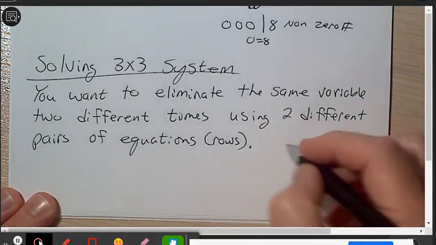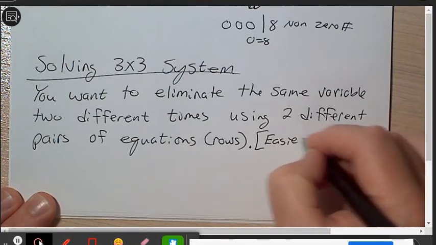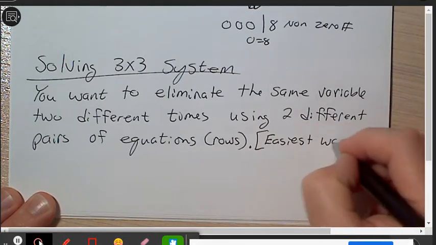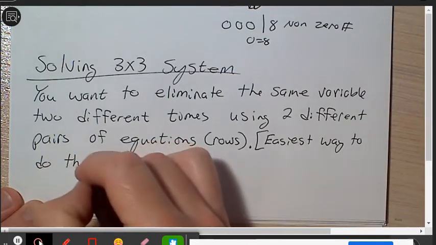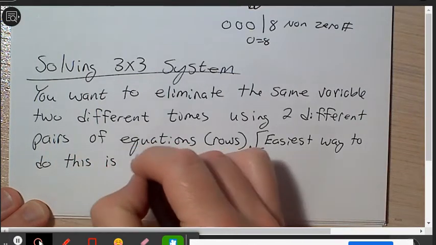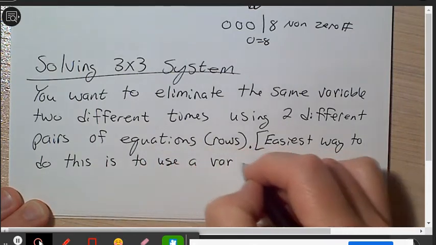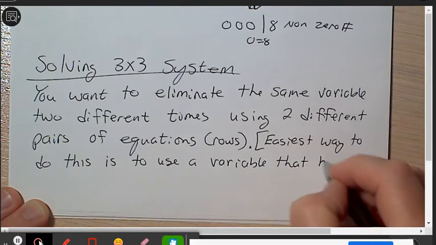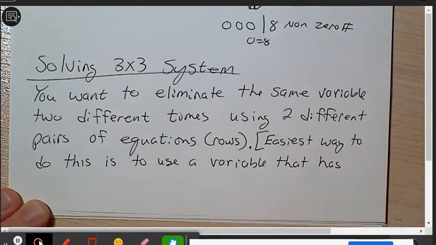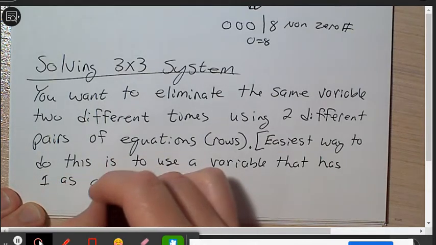The easiest one to do this is to use a variable that has 1 as a coefficient.